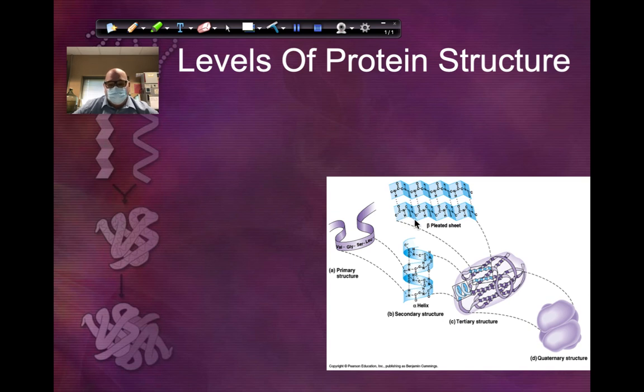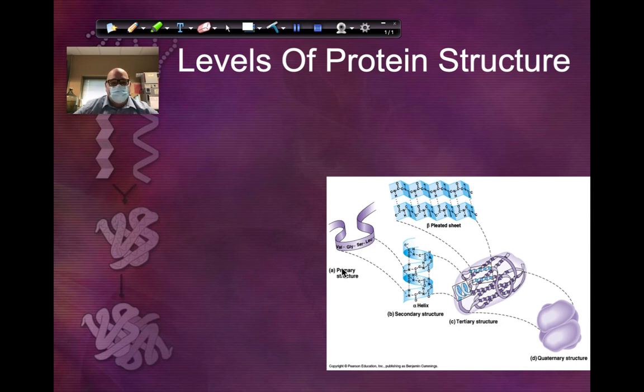If you don't remember what pleat means, that's like where a fold was. We talk about folding paper, hamburger and hot dog. So the fold line would be a pleat. You can kind of see these make that zigzag and almost a springy look or a pasta look. Those are called beta pleated sheets. Then they make these helix shapes, and they're called an alpha helix.